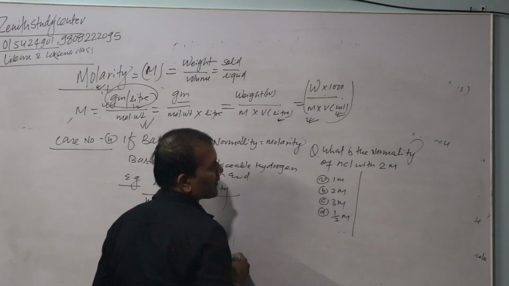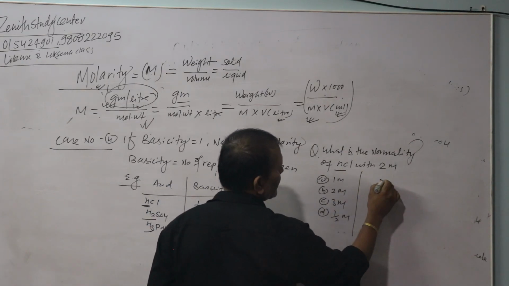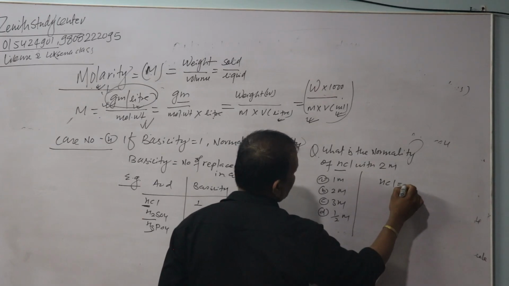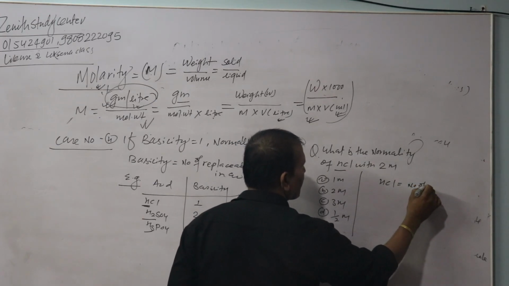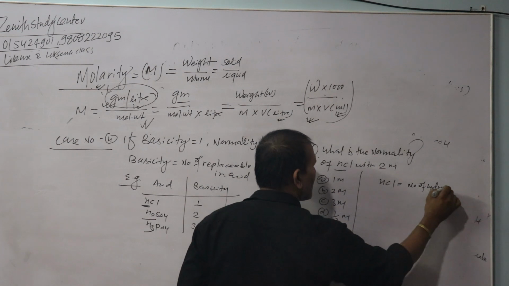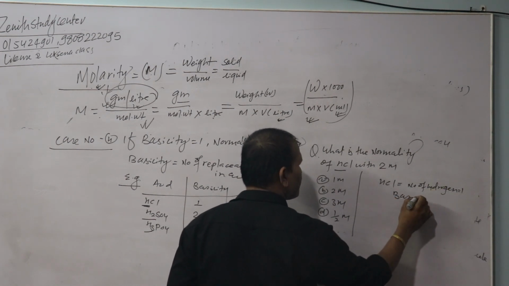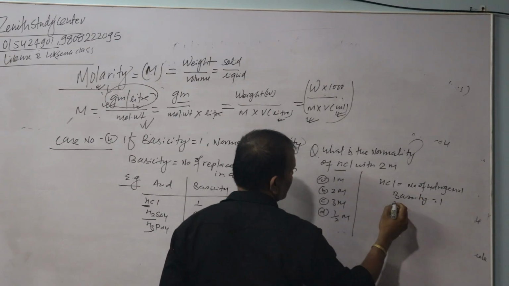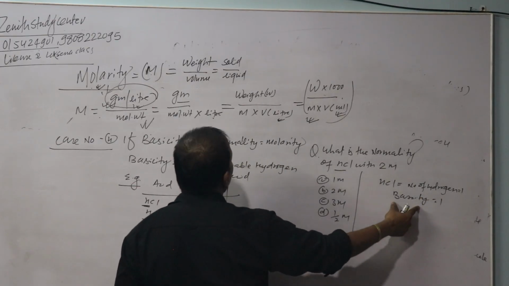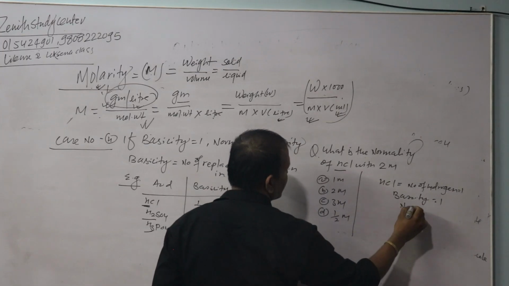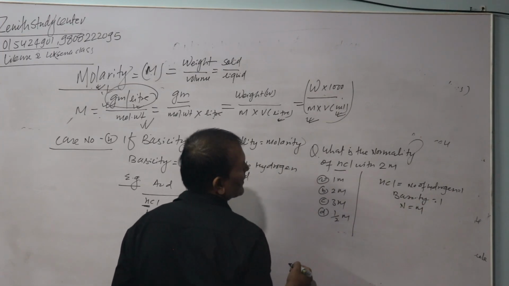This is your option. So here in HCl, the number of hydrogen is 1. What is the basicity? 1. So if your basicity becomes 1, at that condition normality is equal to molarity.